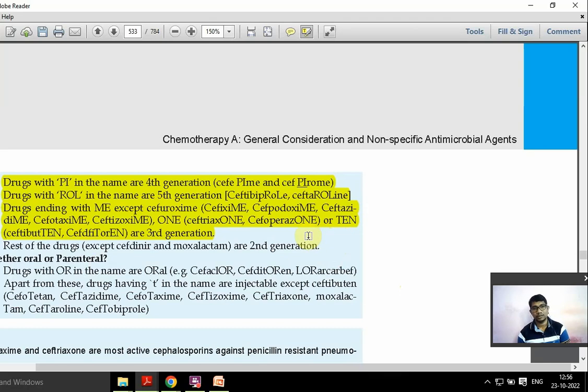Those are nothing but the third generation. Those ending with ME, then ONE and TEN, they are nothing but the third generation. All these are the third generation. And the rest of the drugs are known as second generation.